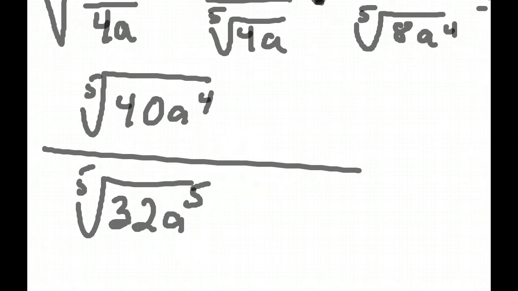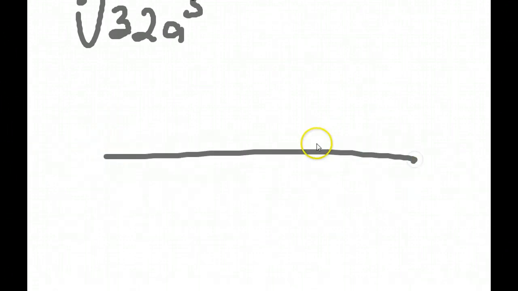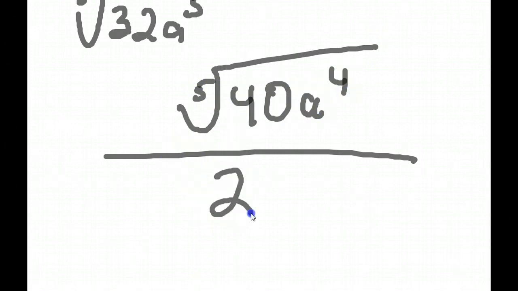And if we take the fifth root of our denominator, which is 32a to the 5th, what we end up with is a numerator that stays the same, fifth root of 40a to the 4th over 2a.